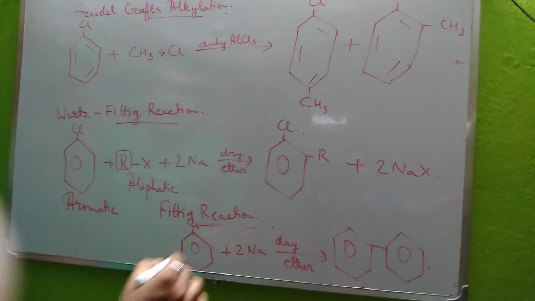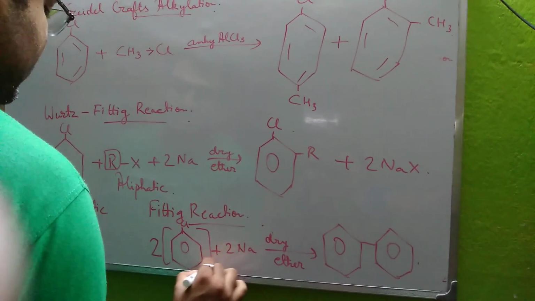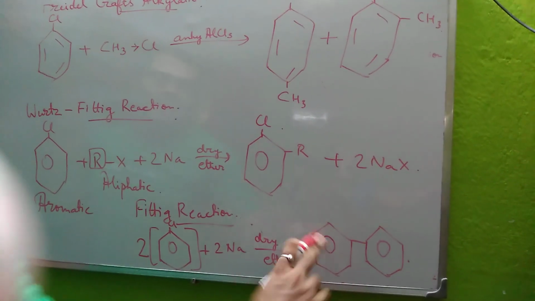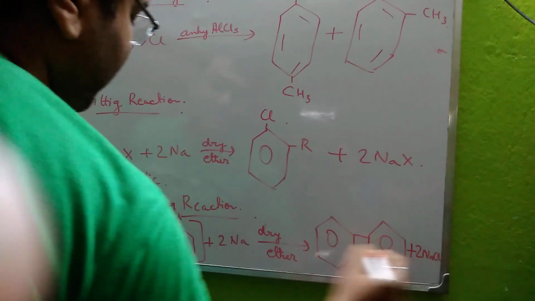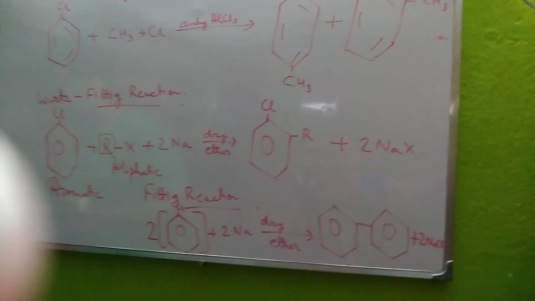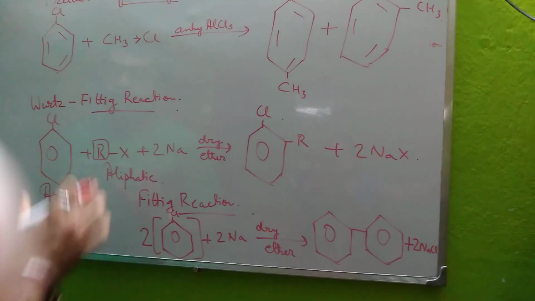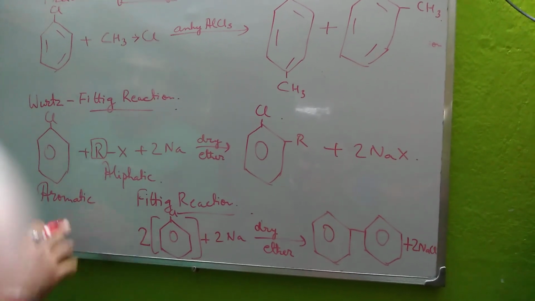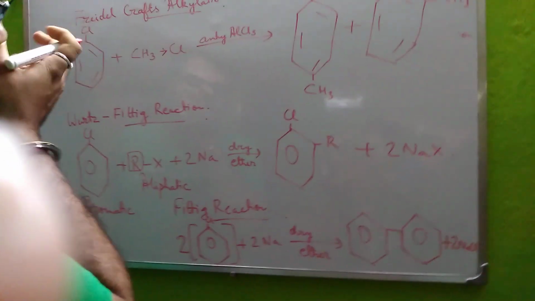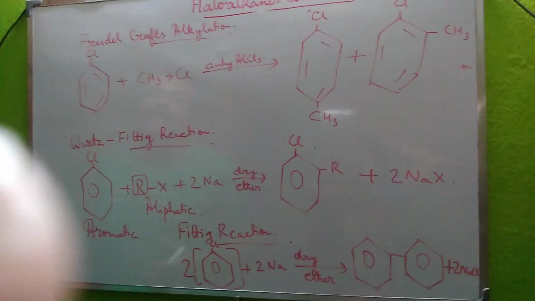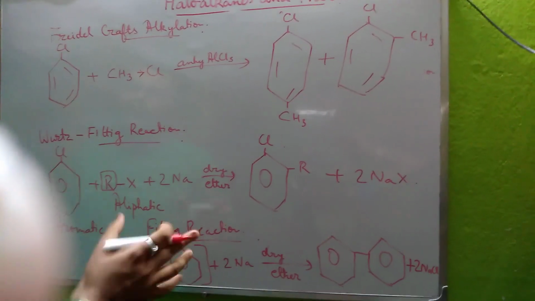And if you balance it, it will be 2 chlorobenzene. So two benzene molecules are combining and it forms 2NaCl. It's a biphenyl structure. So this is what actually is all about in your syllabus. These are the two metallic reactions. Over here aromatic and aliphatic comes, and over there as you can see the electrophile and nucleophile, as I stated. So this is what haloalkanes is all about.